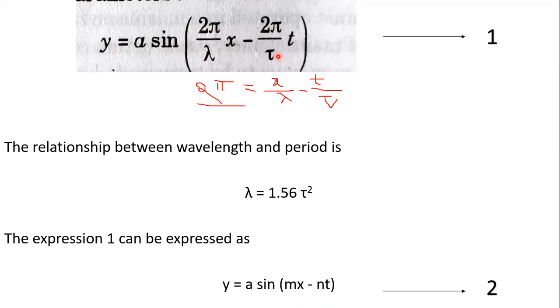If you take 2a instead of a, it is the height from crest to trough. So these are the formulas we have to see.